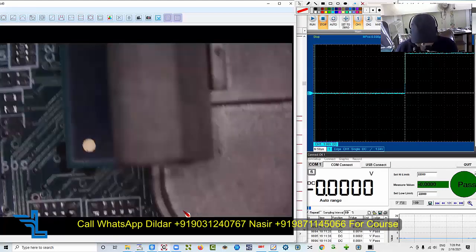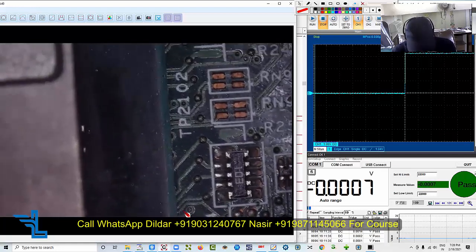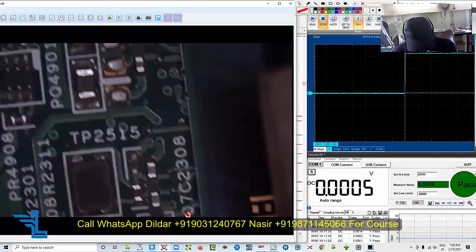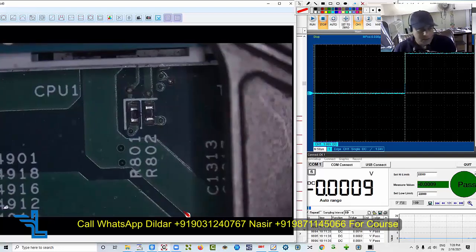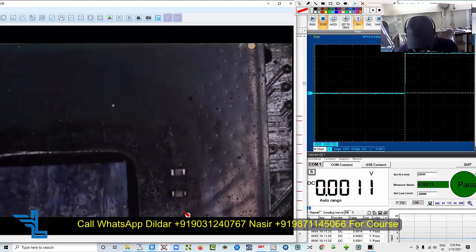Let's go back. Now I think I need to remove the heatsink to find out. Let me remove the heatsink from the board. So we have removed the heatsink from the board. It's first generation. Good.